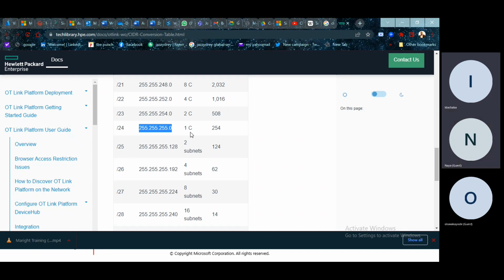So if you now decide to break your network into 2, you can have 124 computers connected to each subnet. That means you are breaking your network into 2.